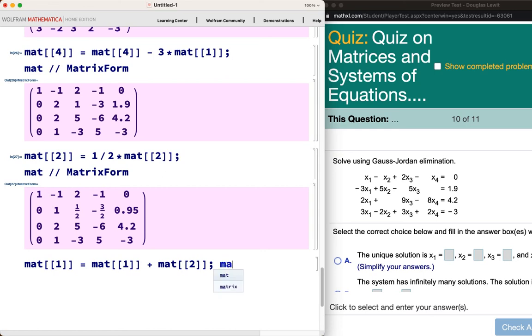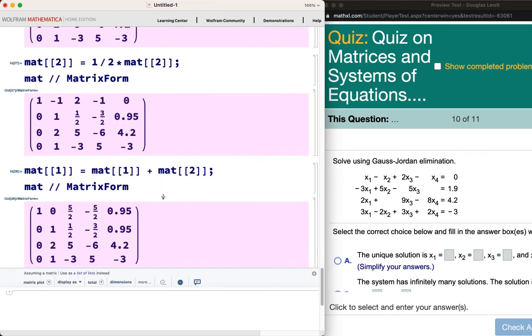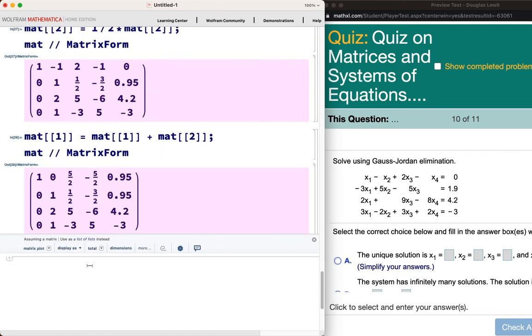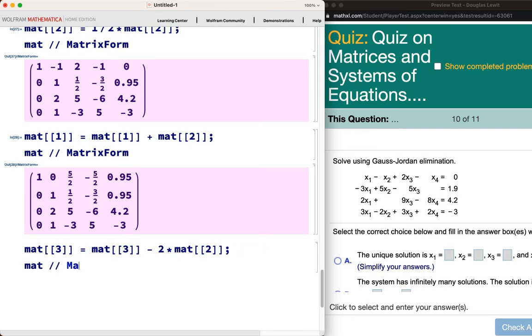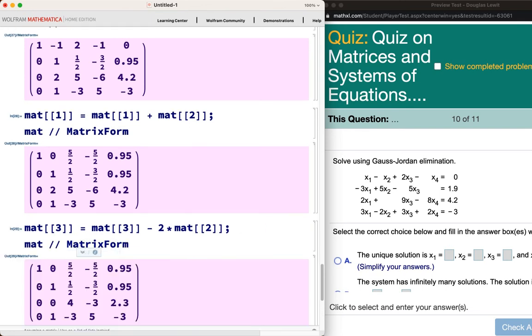So then we have matrix form. Okay, that looks good. And then the third row changes. So that's going to be minus 2 times the second row. And let's see what that looks like.